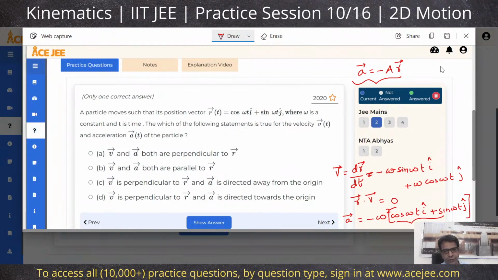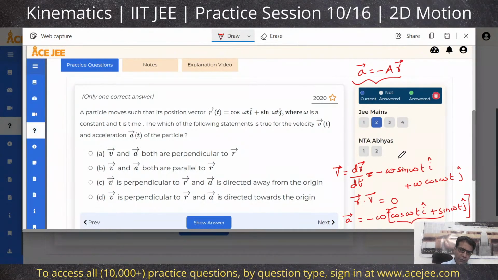Now I'm going to make use of this opportunity and talk about the relation between the magnitude of the acceleration and the magnitude of the velocity. In this scenario, can somebody tell me what is the relation between the magnitude of the acceleration and magnitude of the velocity here?